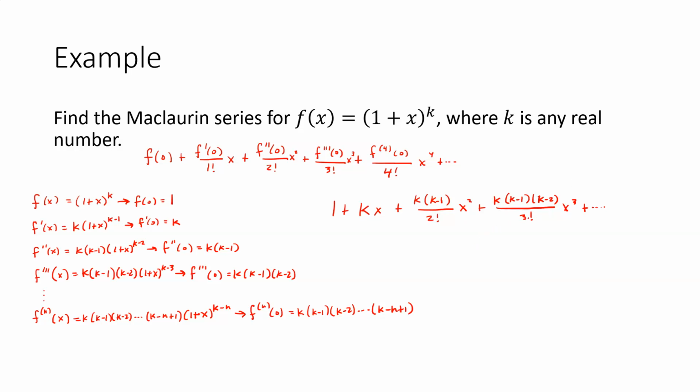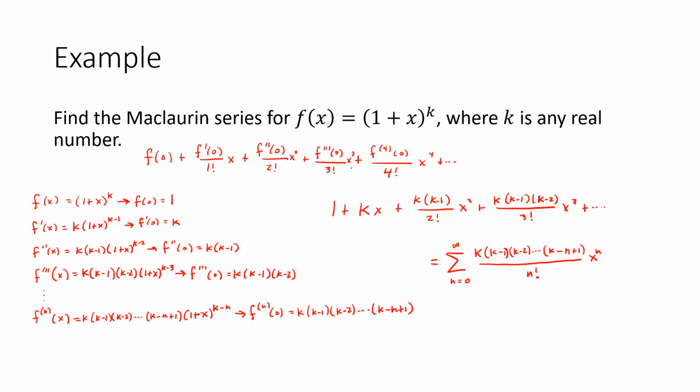We can imagine this pattern would continue. So we can write this as the sum with these coefficients, k times k minus 1, k minus 2, down to k minus n plus 1 over n factorial, times x to the n.